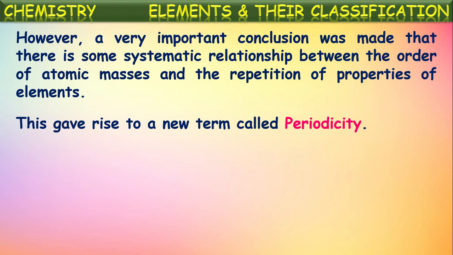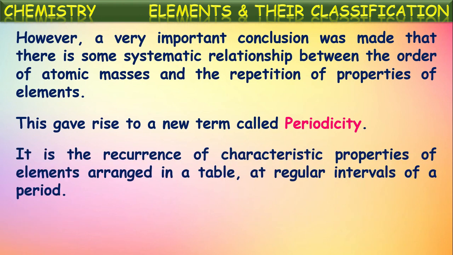This gave rise to a new term called periodicity. Periodicity in the sense of repetition. Here it is found, the repetition of properties of one element with another element. That is called periodicity. It was found for the first time in the Newlands octaves. So periodicity is the recurrence of characteristic properties of elements when arranged in the table at regular intervals of a period.